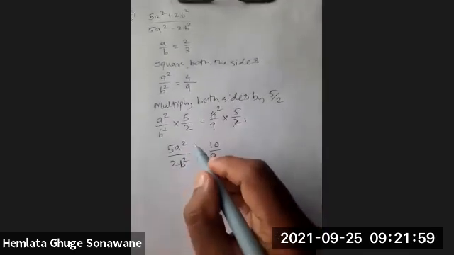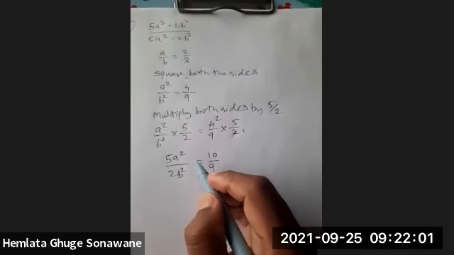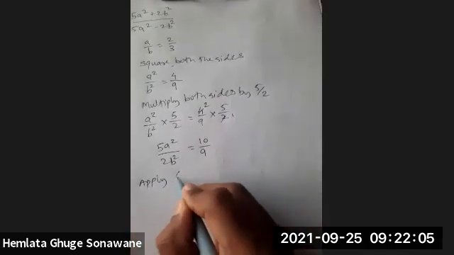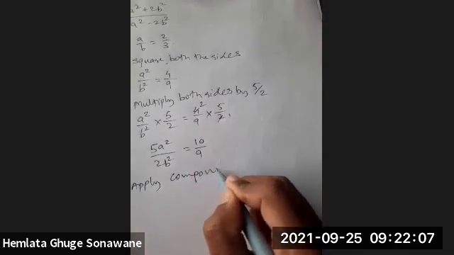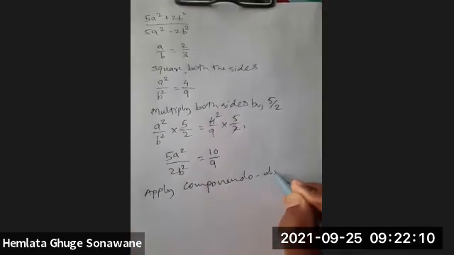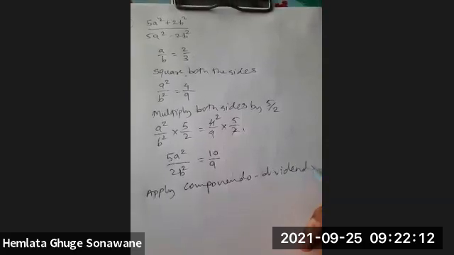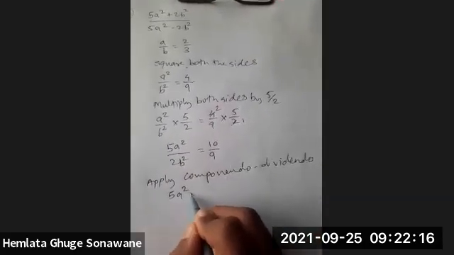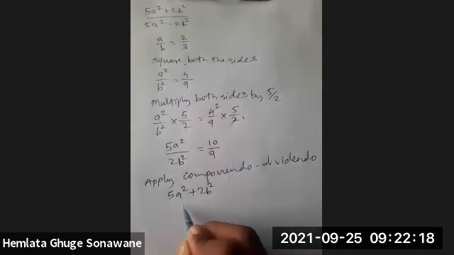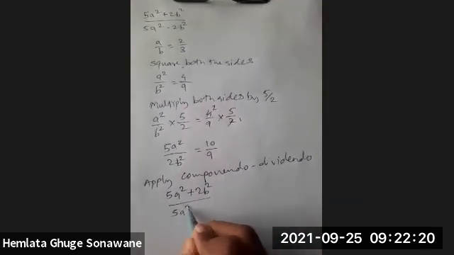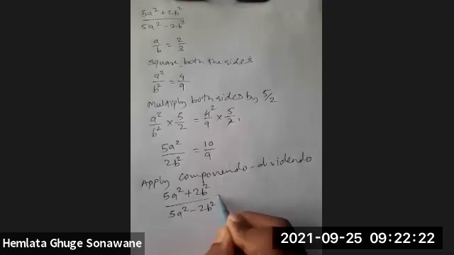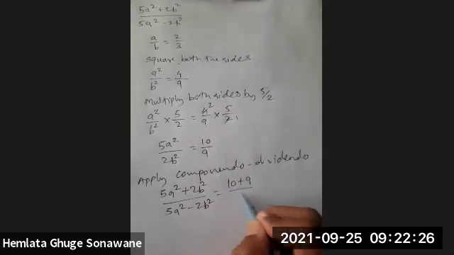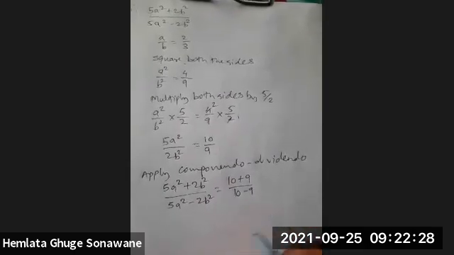Now here we'll apply componendo and dividendo. So this becomes 5A square plus 2B square upon 5A square minus 2B square equal to 10 plus 9 upon 10 minus 9.